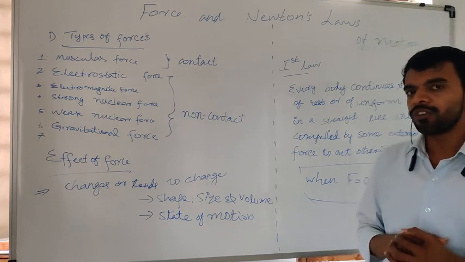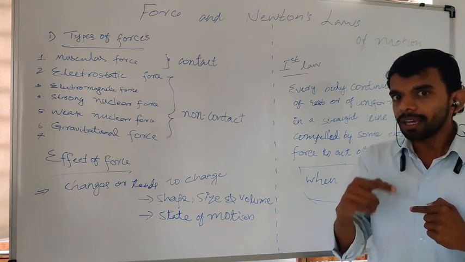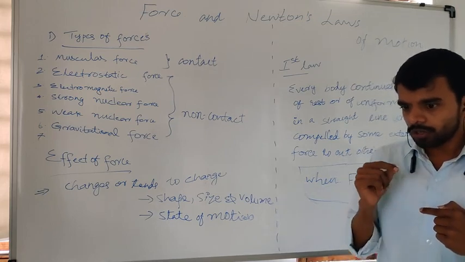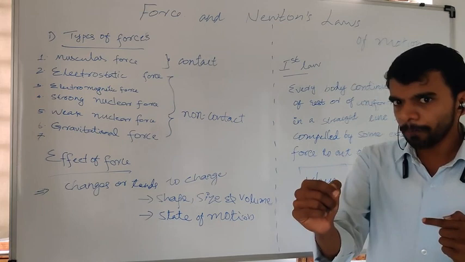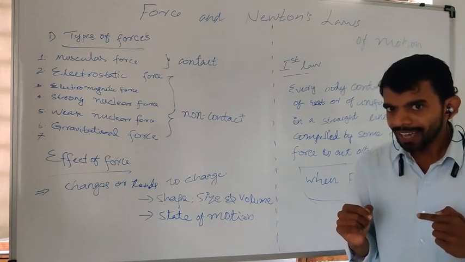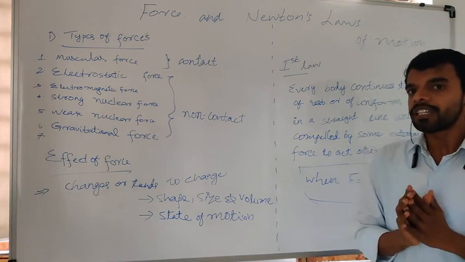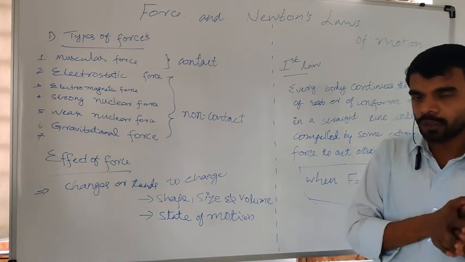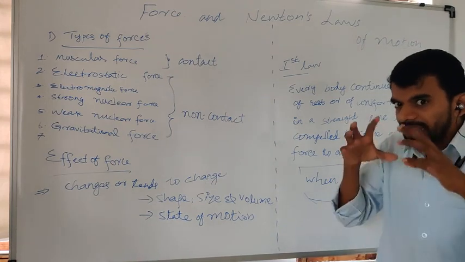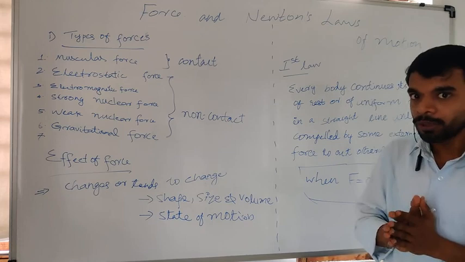Obviously you will push from outside. So in order to change the state of rest to a state of motion, you are applying an external force. If you apply force within the system, within the body itself, it is called internal force.